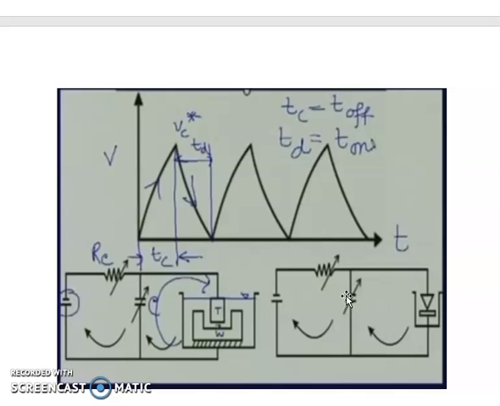The discharge time is when it discharges and gives the supply to the EDM setup. In this discharge time the EDM machining occurs, so the discharge time is equivalent to the on time of the EDM setup. And this is the load, or the EDM setup.